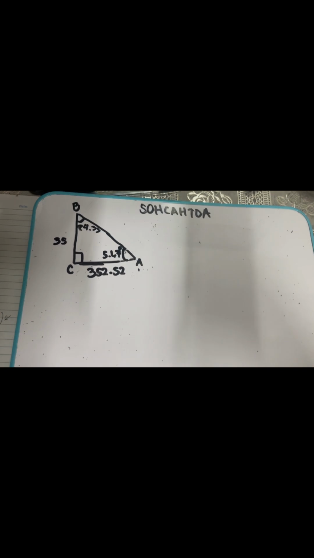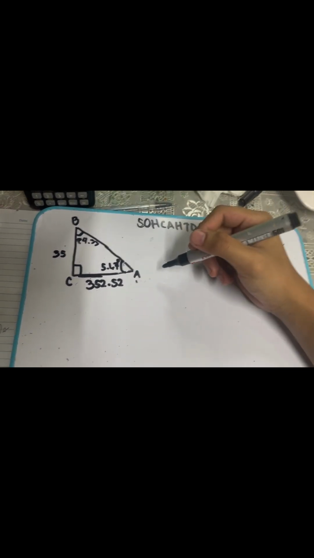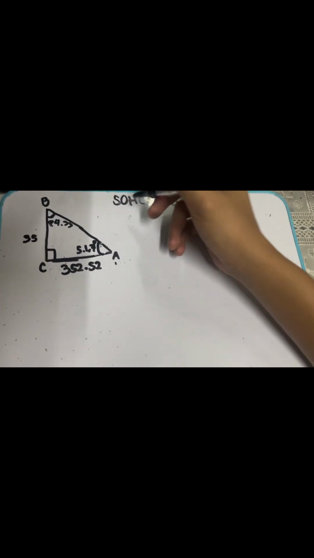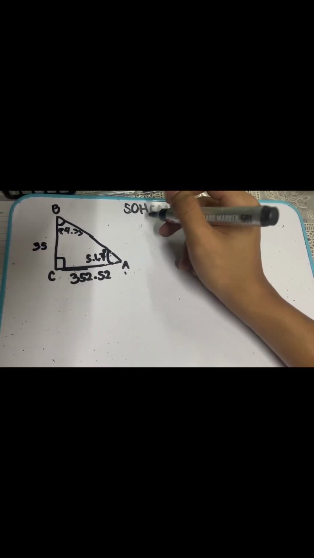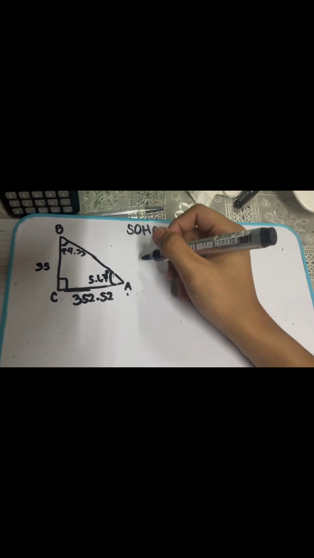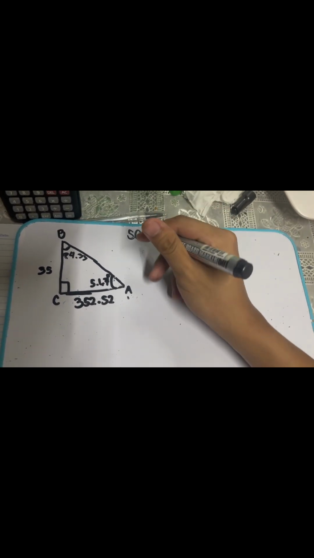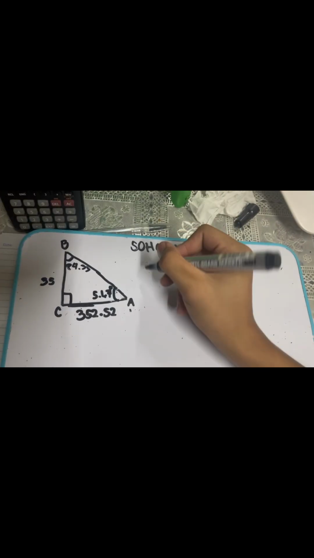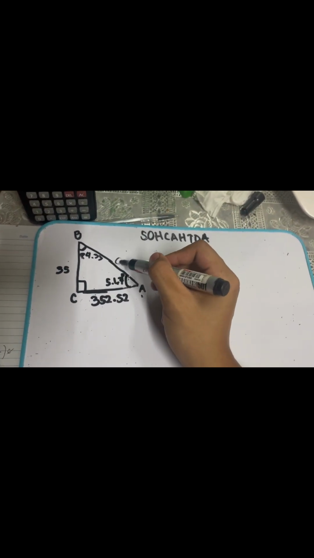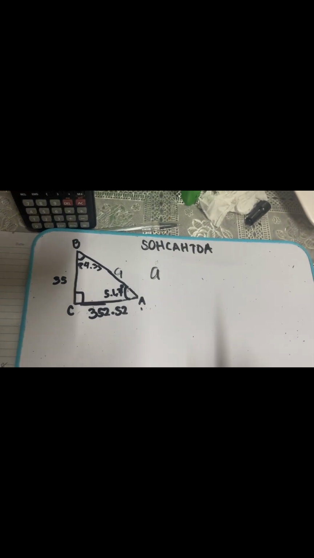And now, for our final side of the triangle, we're going to get the hypotenuse. So, first, let's write what we're going to use from the SOHCAHTOA. Small letter A. This is small letter A. Sorry, I forgot to write it down.